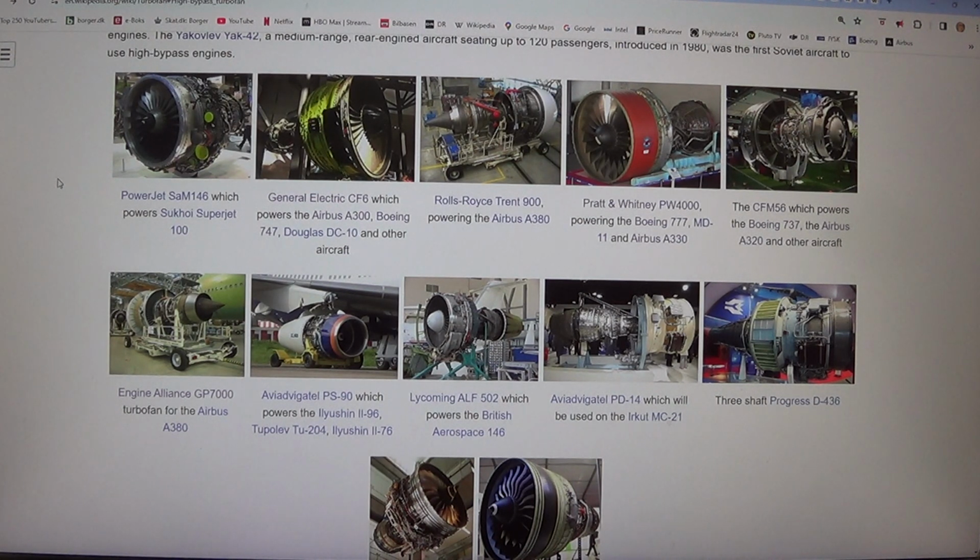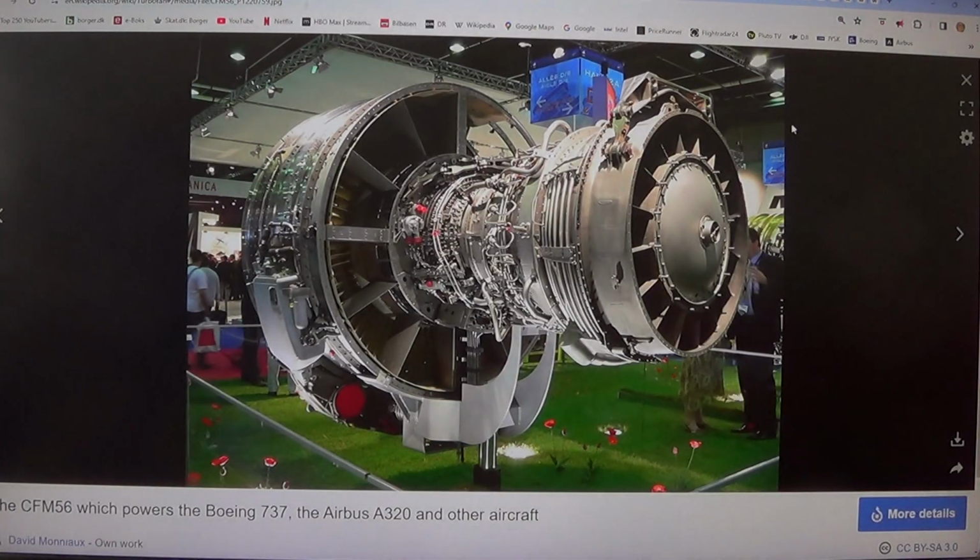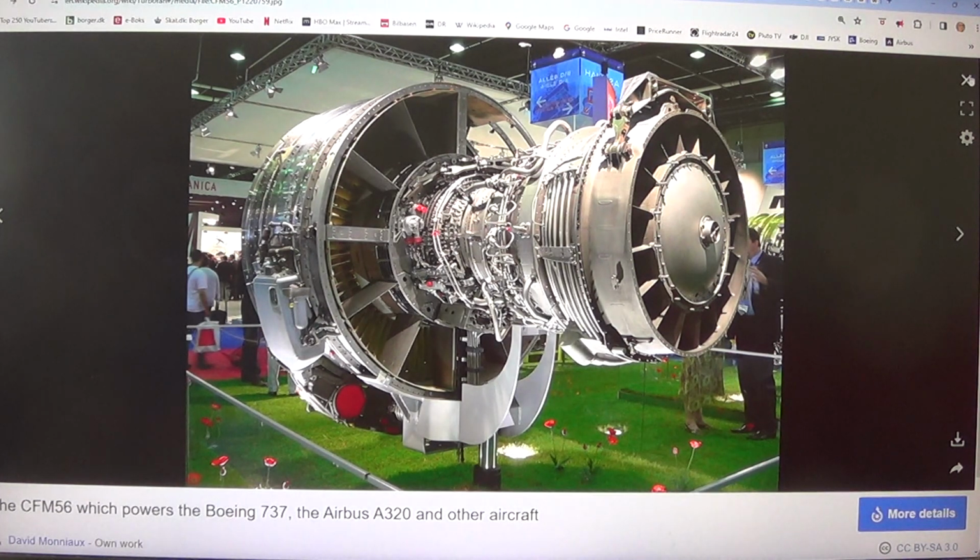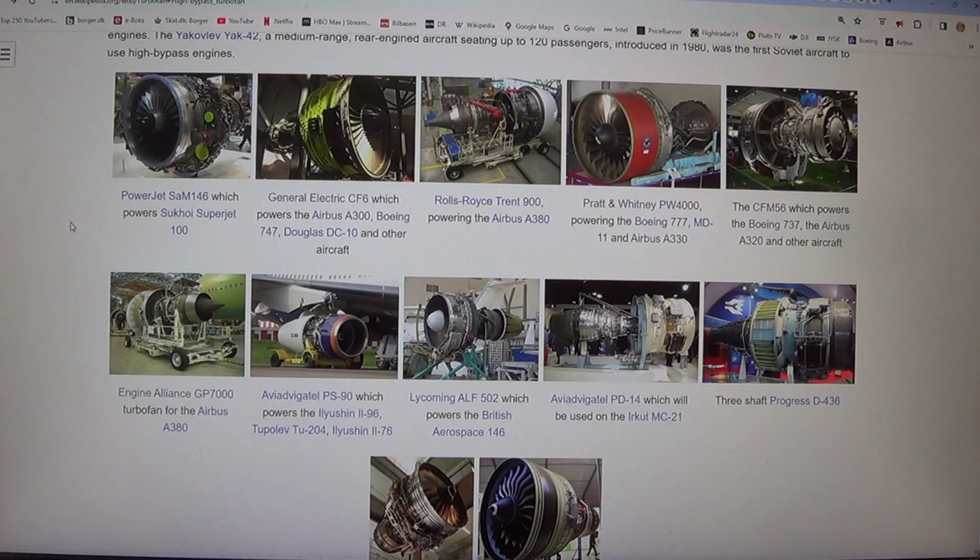5. The CFM56, which powers the Boeing 737, the Airbus A320 and other aircraft. 6. Engine Alliance GP7000 turbofan for the Airbus A380. 7.